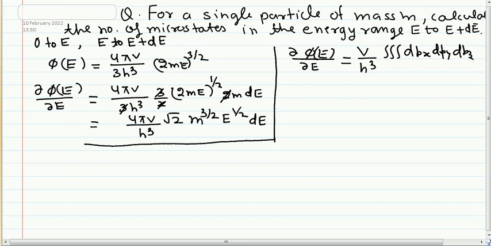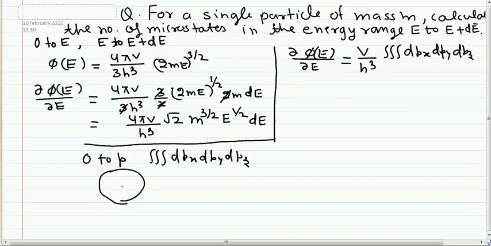This is what was written in the beginning, the division of the phase space. So it is V upon h cube, and then we are left with the triple integration over dpx, dpy and dpz. Now if I say the range of the momentum is from 0 to p, then these triple integrations represent the volume of a sphere with the radius p.